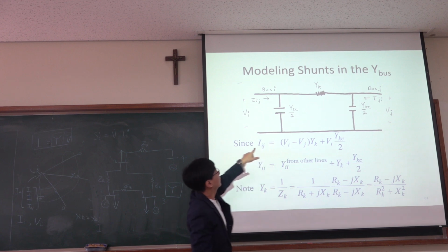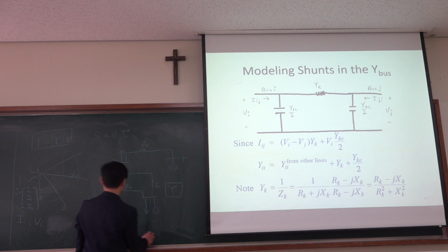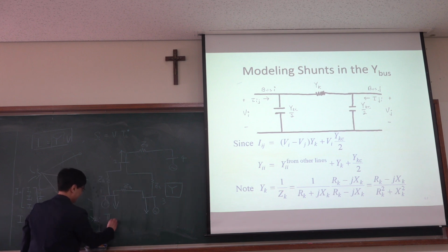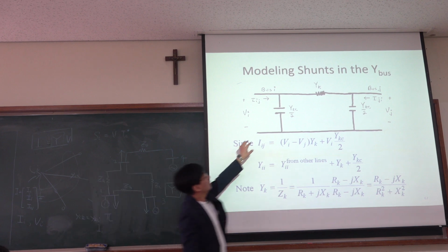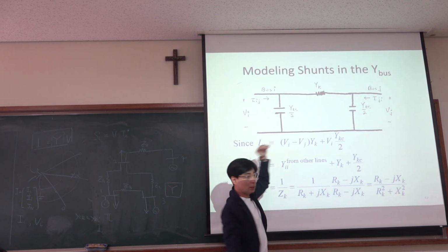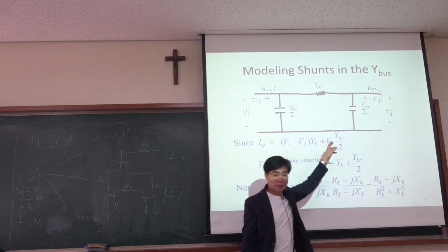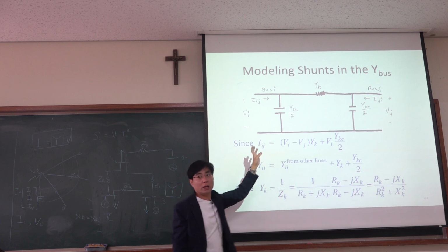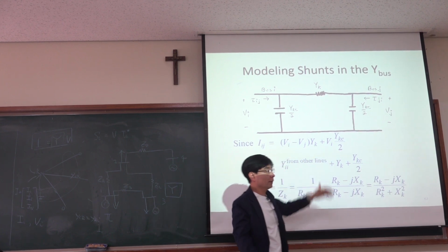This model is called the pi model. The reason it is called pi is that this is bus I, this is bus J, and then we have a transmission line, and this is ground. This is per phase analysis. In reality we have 3 lines, but here we have only a single line.